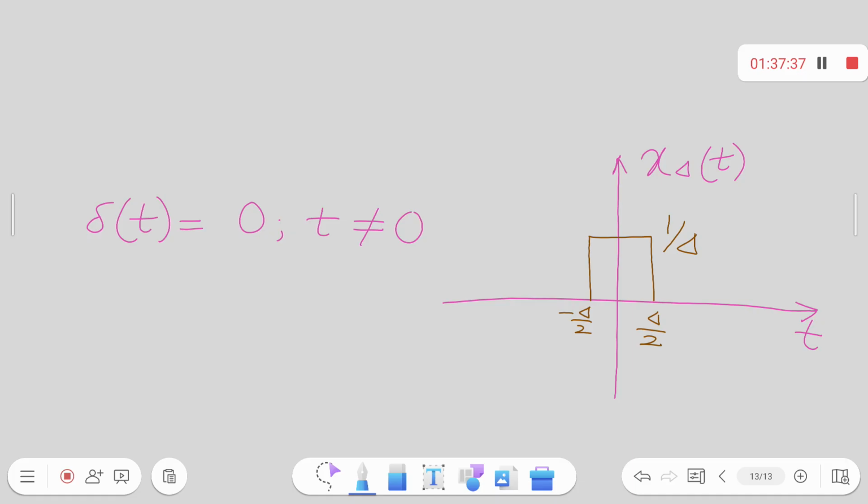Now, let's assume that your delta value is approaching 0. That means 1 by delta will approach infinity. And then you can visualize this delta function, delta t, as the limit of delta tending to 0 of x delta t.